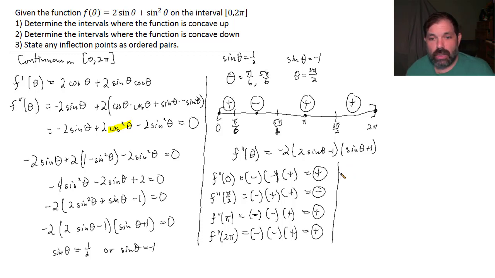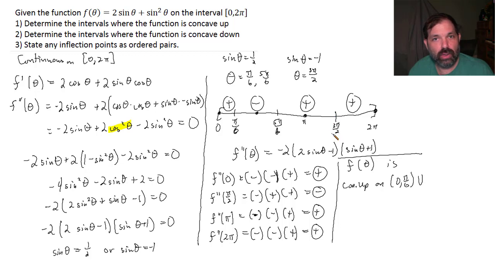The function f of theta is concave up on 0 to pi over 6, and then it's concave up. Now it's not concave up at 3 pi over 2, so we can't include that point.